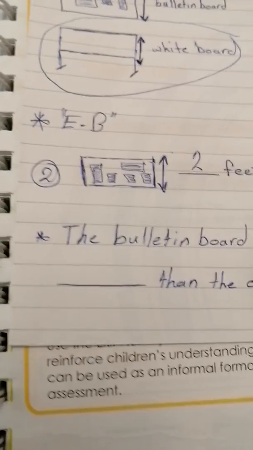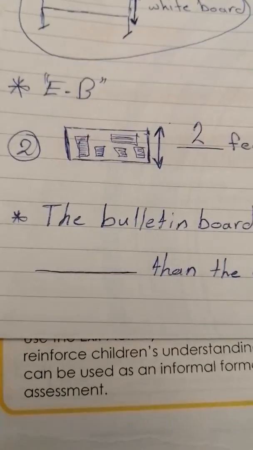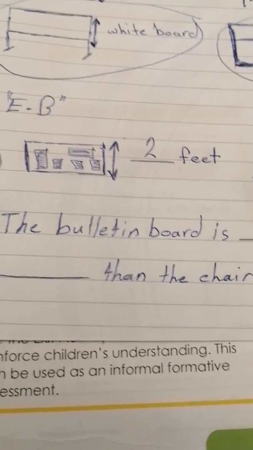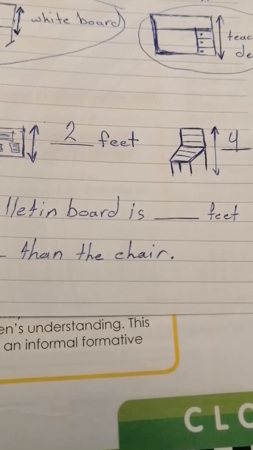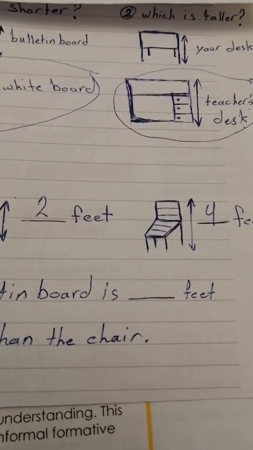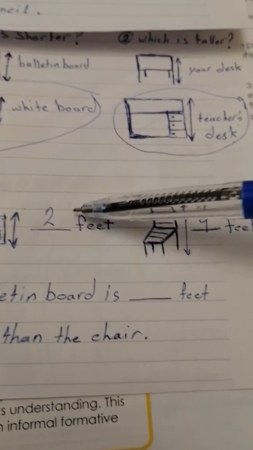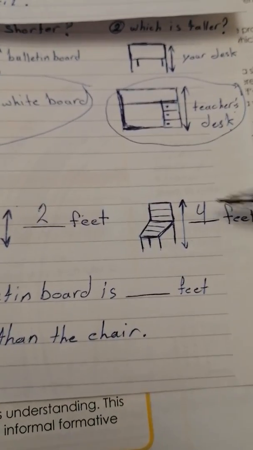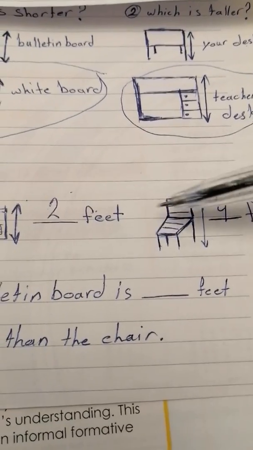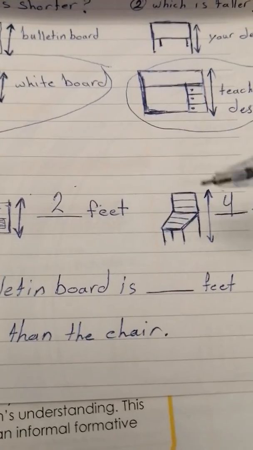Now we have to complete the sentence that we have, which is the bulletin board is how many feet more than or less than the chair. Now look at these two objects. Here the bulletin board is 2 feet, and here 4 feet. And 2 is less than 4. How much less than 4?